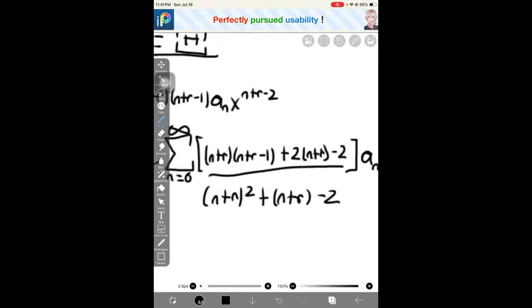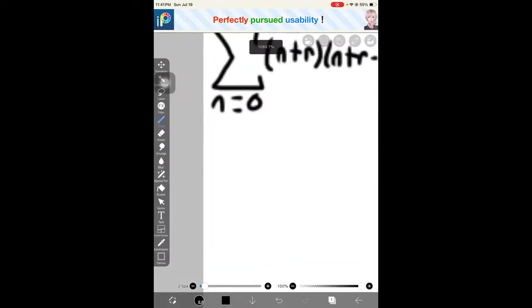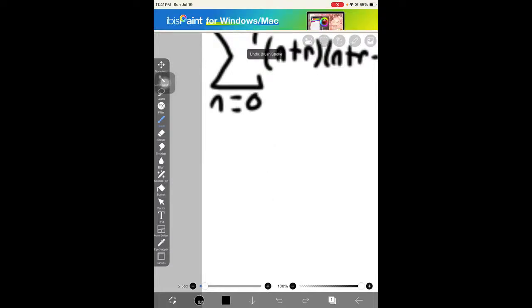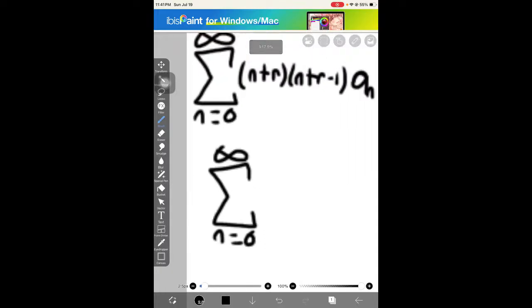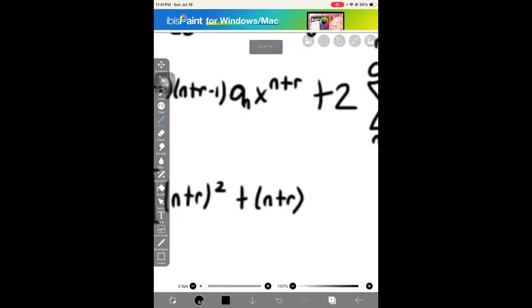If you were to verify it using the FOIL method and then grouping like terms, it's going to yield that same result. So let's go ahead and rewrite it. Finally, we have this infinite series, and let me write the sigma notation much better. I'm very sensitive when it comes to writing sigma notations. I love infinite series, so I must make sure that how I write the sigma notation is perfect. There is no room for error.